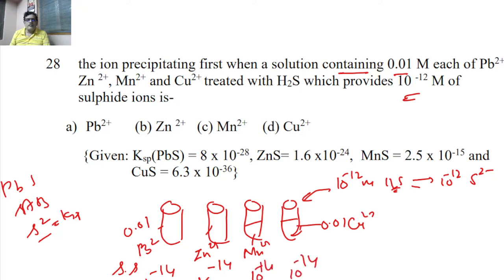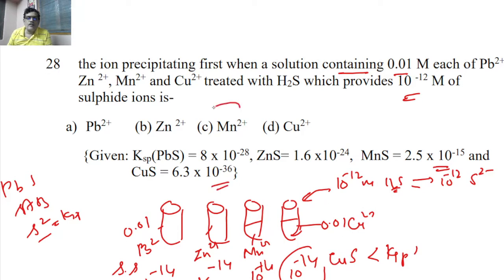So 10 to the power of minus 14 is less than Ksp for lead sulfide. For zinc it will be less than Ksp of zinc sulfide. Whereas for manganese it is greater than 10 to the power of minus 15, the value for manganese sulfide. 10 to the power of minus 14 for cupric sulfide will be less than the Ksp value of 10 to the power of minus 36.